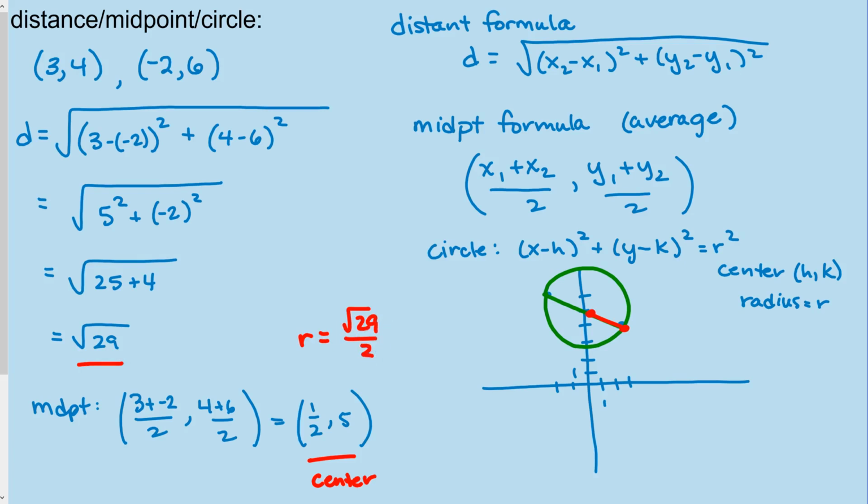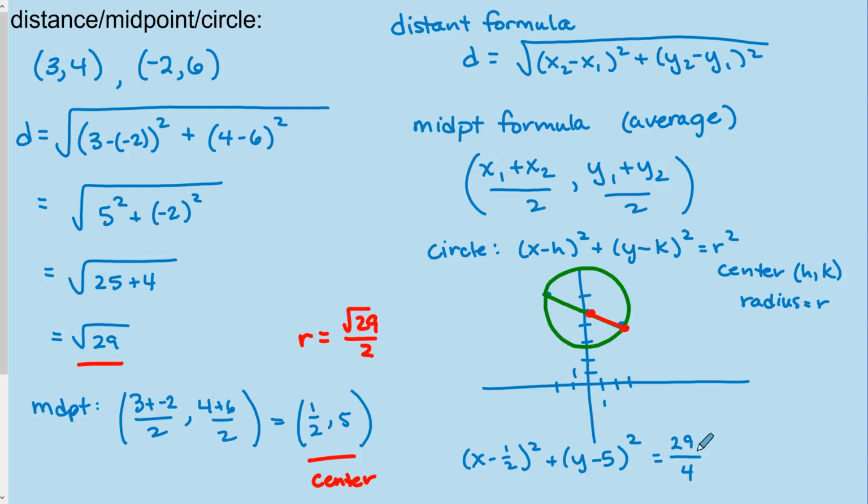So if we put those together, we get the equation of the circle. This particular circle would have equation x minus 1/2 quantity squared plus y minus 5 quantity squared equals, and then for r squared, we square the radius, so square root 29 squared is 29, and 2 squared is 4, so equals 29/4.